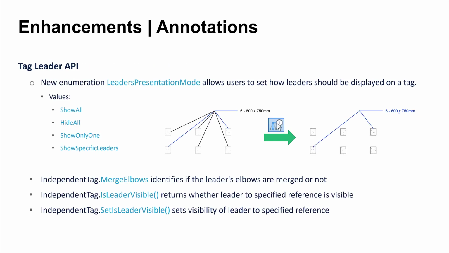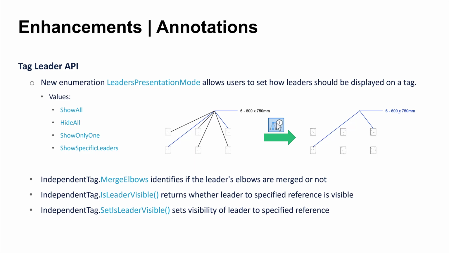In terms of annotations, we now have a new enumeration called Leaders Presentation Mode. And this allows you to control which leaders and how they are presented. So that includes showing all leaders, hiding all of them, show only one, or you identify specific leaders that you want to show, as shown in this image.